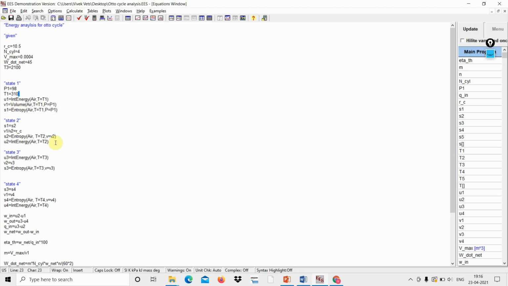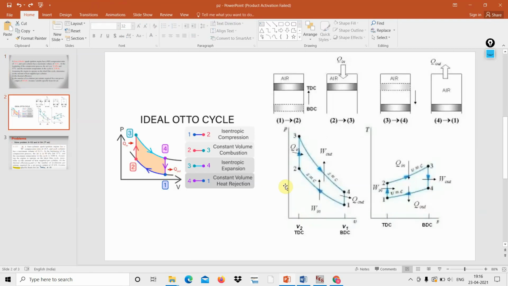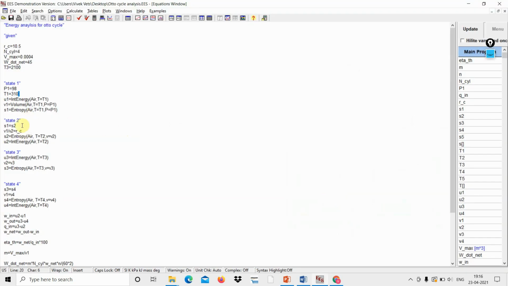Now moving forward to stage 2. At stage 2, you may see the entropy S1 and S2 will be equal, as it is an isentropic process. So S1 equals S2, and V1 by V2 equals the compression ratio. We need S2 at T2 and V2, and U2 at T2, entropy and internal energy.